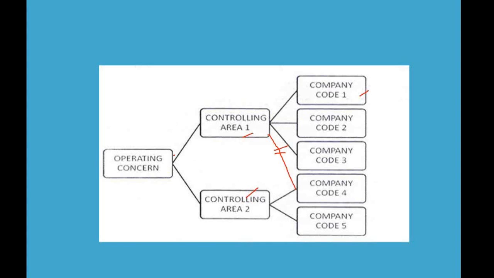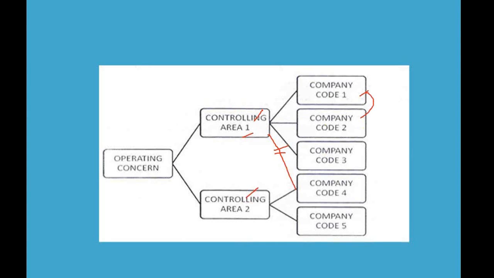When you are using operating concern also, in the same way, multiple controlling areas can be assigned to a single operating concern. It is always advisable to use a single controlling area for multiple company codes so that you can analyze any intercompany transactions between these company codes. All data will be stored at one controlling area level, so all information is available at controlling area level. We can easily analyze the data.